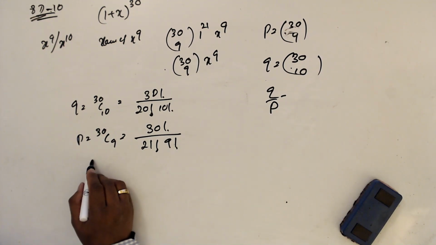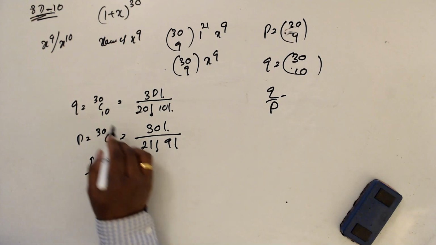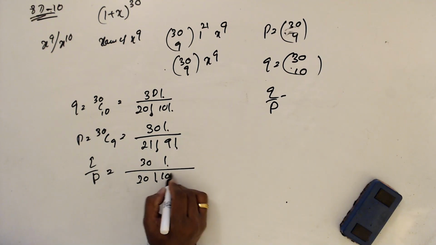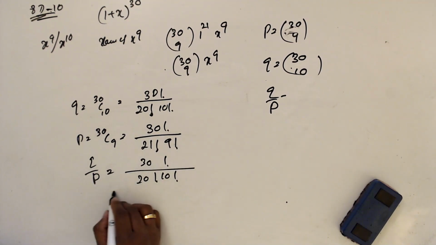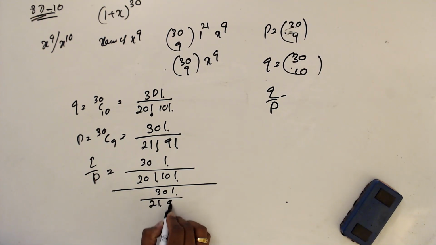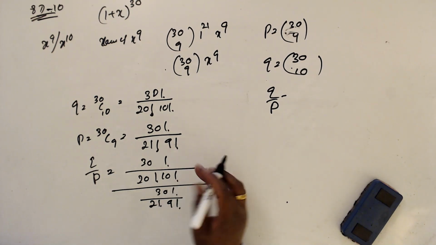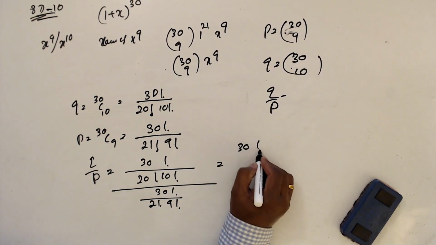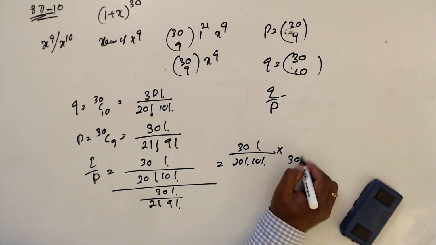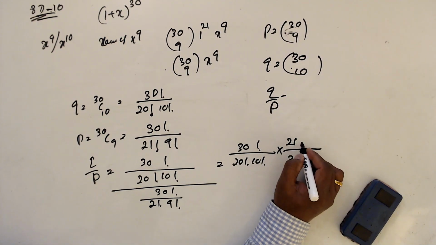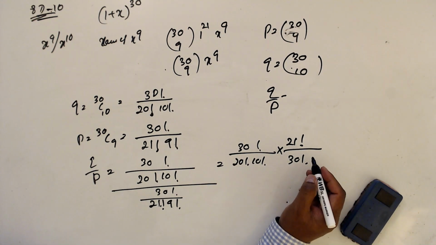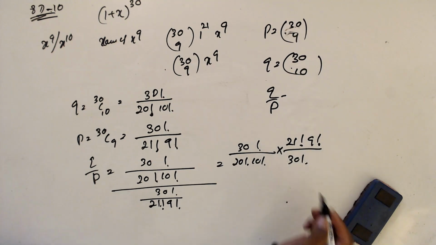So now Q divided by P means 30 factorial over 20 factorial and 10 factorial, divided by 30 factorial over 21 factorial and 9 factorial.